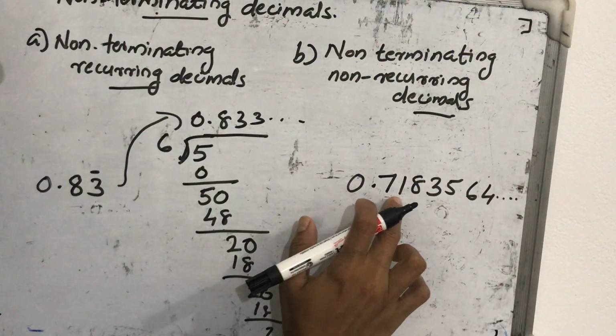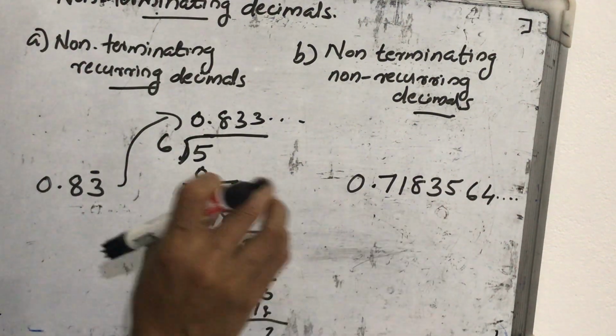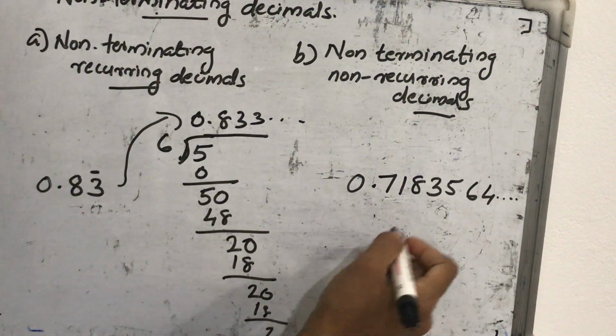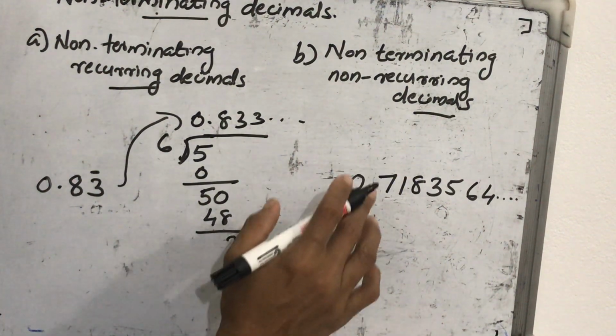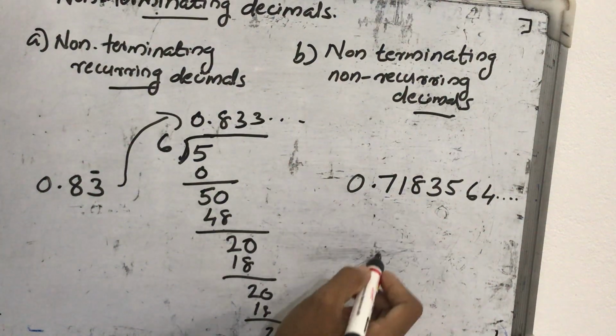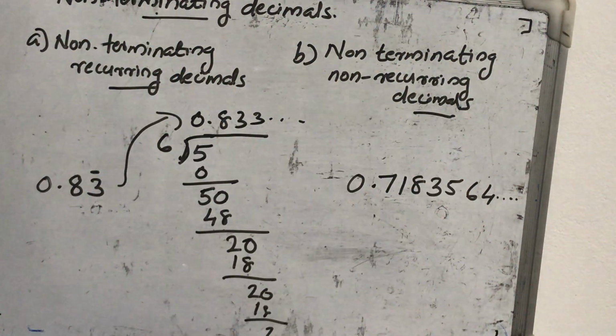No digit is repeating. Is any digit repeating after the decimal point? No. Such decimals are called non-terminating non-recurring decimals.